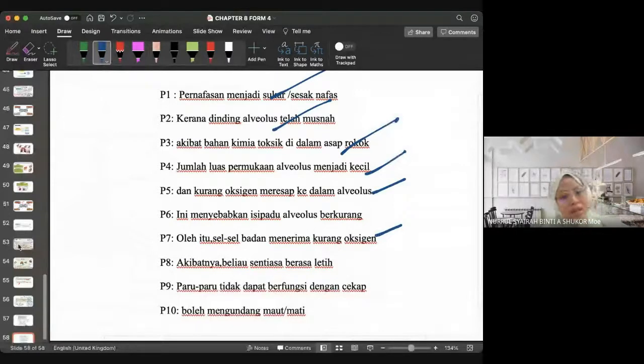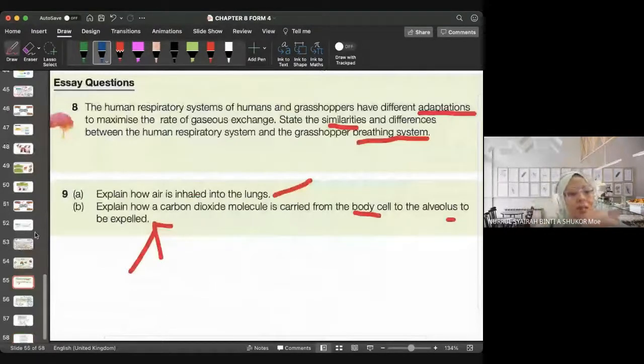But I think from the questions here, you can see they are actually repeated. So whatever question comes out, you know how to answer.